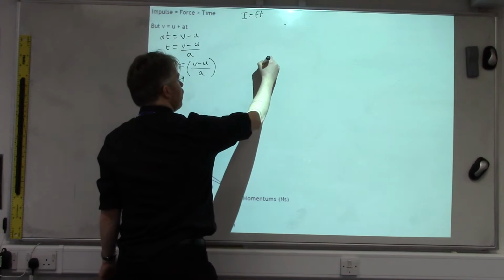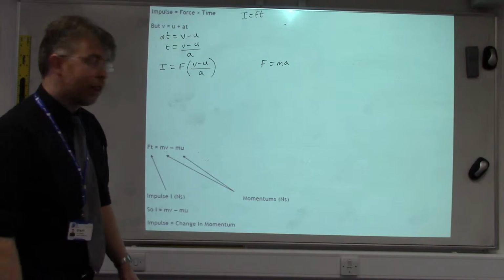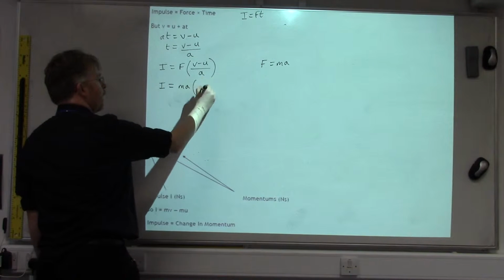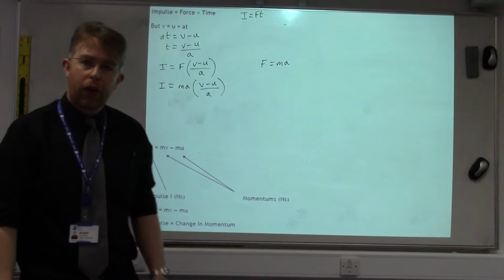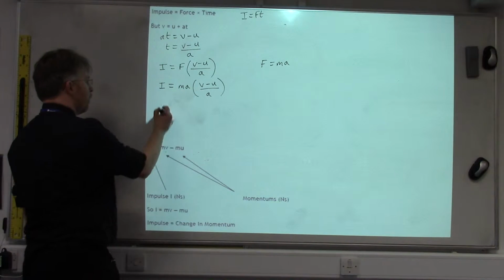Now from Newton's laws, force is mass times acceleration. So impulse is equal to mass times acceleration times (v minus u) all over a. The a's cancel out.